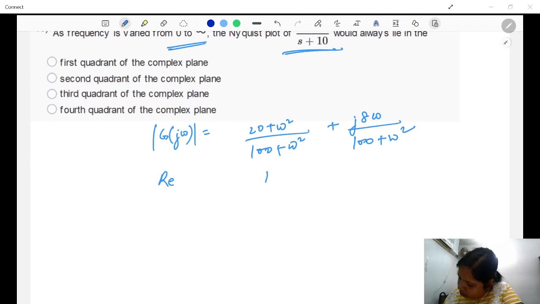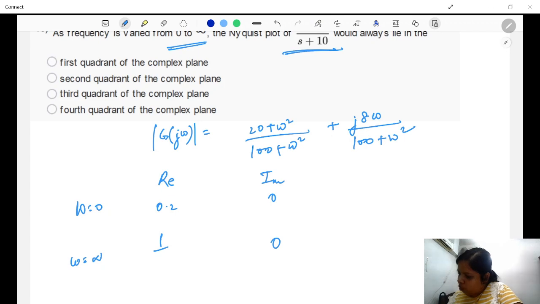Real, imaginary. Omega is equal to 0, omega is equal to infinity. As omega is equal to 0, you get 0.2. Omega is equal to infinity, you will get 0. Here you get 0 and here you get 1.